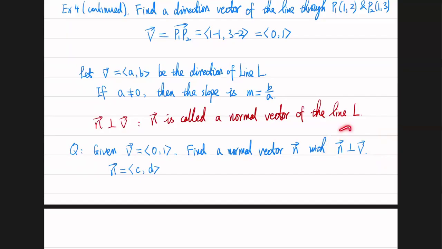When are two vectors perpendicular? When the angle is 90 degrees, and when the angle is 90 degrees, the cosine is 0. So when the dot product is 0.